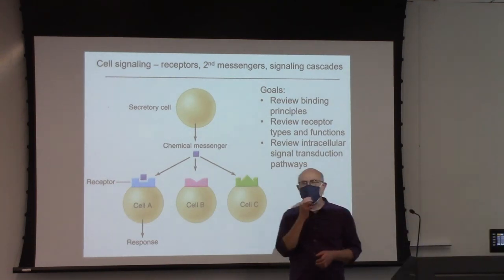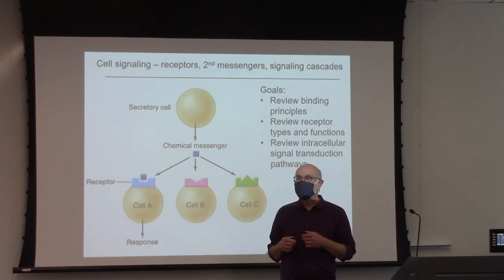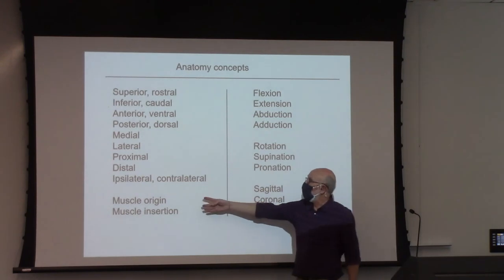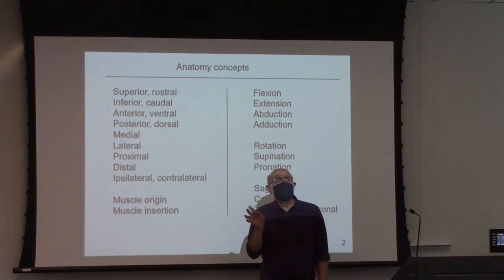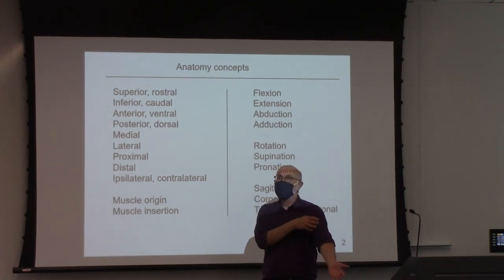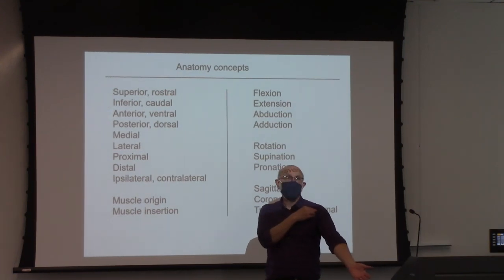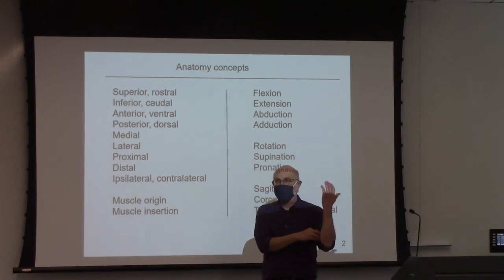Questions about some of the anatomy language before I move on? On the slide, it talks about origins and insertions that I'm not going to ask you to learn. But a muscle has an origin where it connects to one bone and an insertion, typically where it connects to another bone to allow the movement.